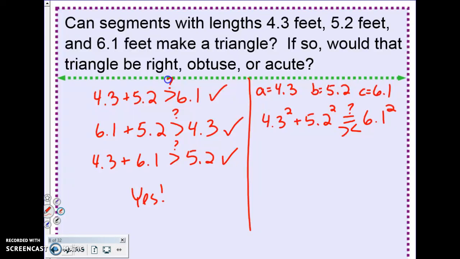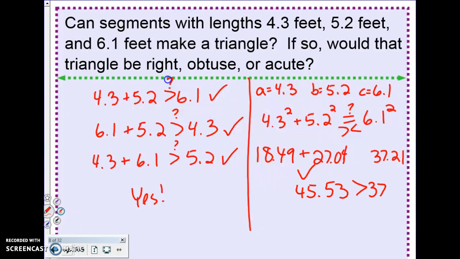All right, so 4.3 squared is 18.49. And 5.2 squared gives us 27.04. And 6.1 squared gives us 37.21. And if I add these together, I get 45 and 53/100ths, which is larger than c squared.